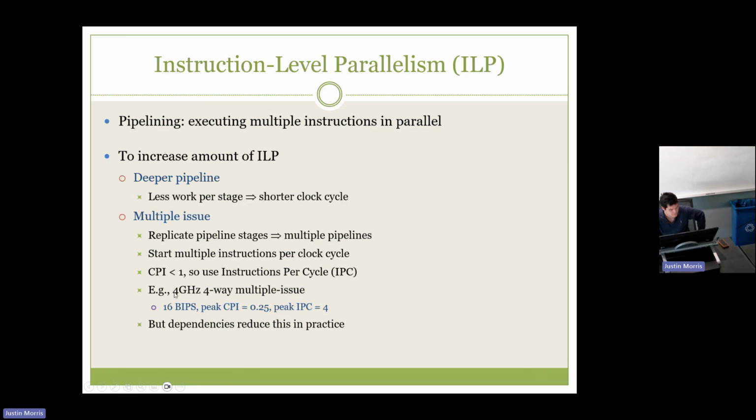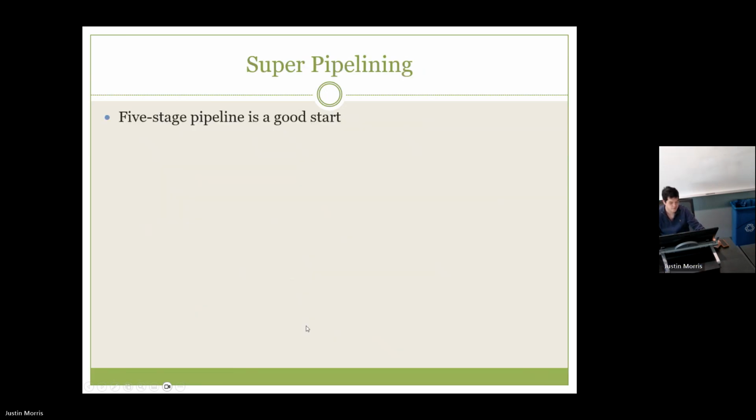So an example of this is like if you have a 4 gigahertz processor with 4-way multiple issue, it has a peak CPI of 0.25, but peak IPC of 4, right? Did I fetch 4 instructions? I do 4 instructions. But again, these dependencies are going to reduce this in practice.